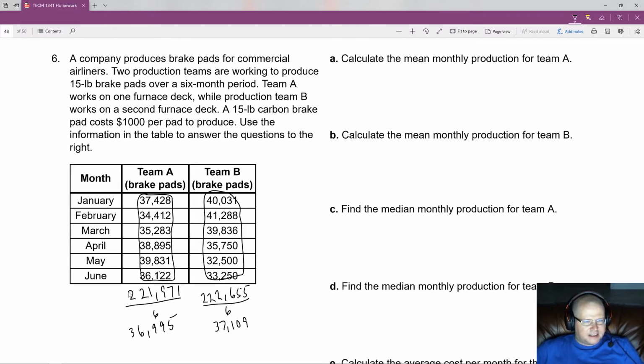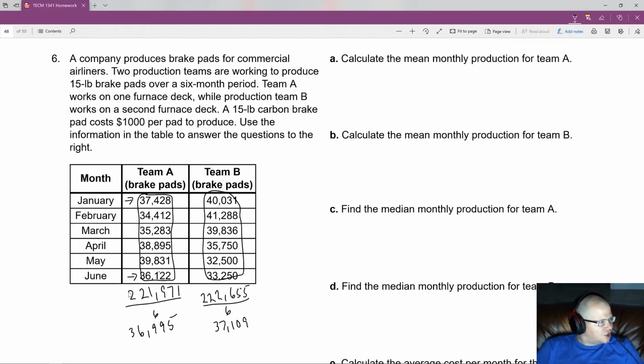Okay, next we want to find the median monthly production for Team A. Now the median, again, is the middle. So if we rearrange these, it looks like the 36 and 37 are in the middle. So this one right here would be in the middle, and this one right here would be in the middle if we rearrange these.